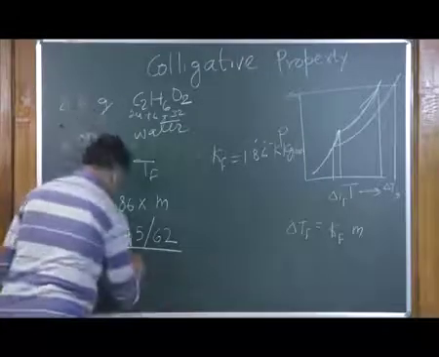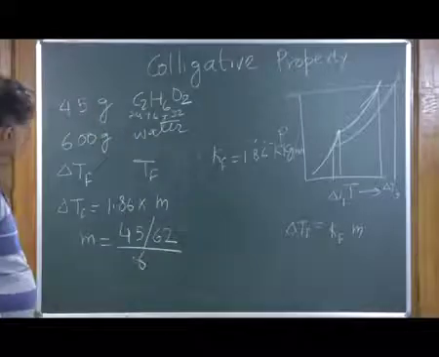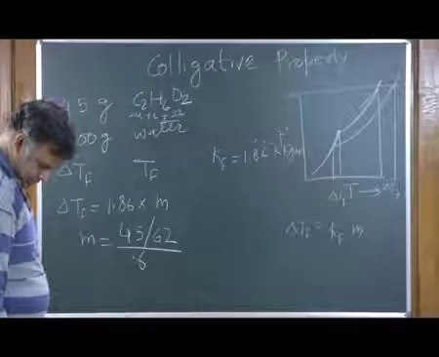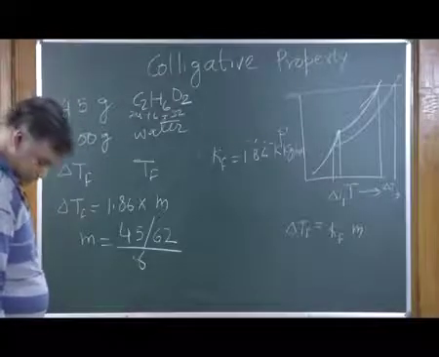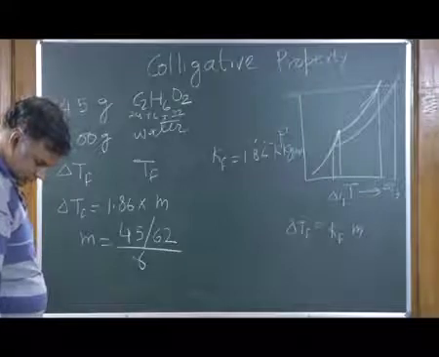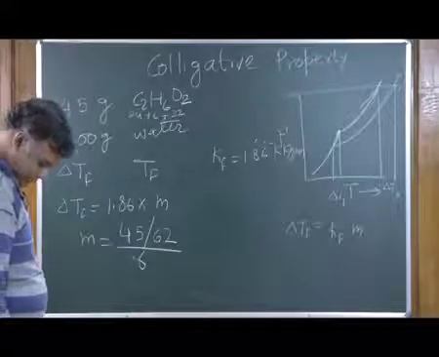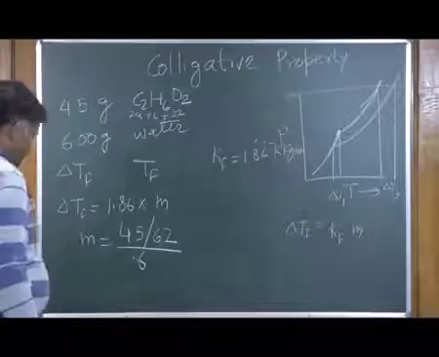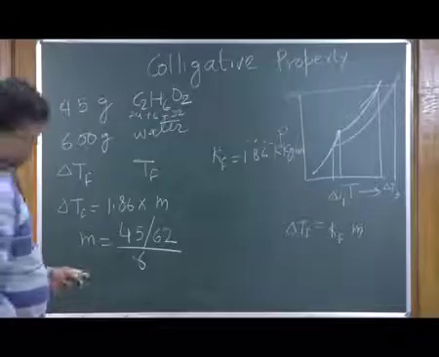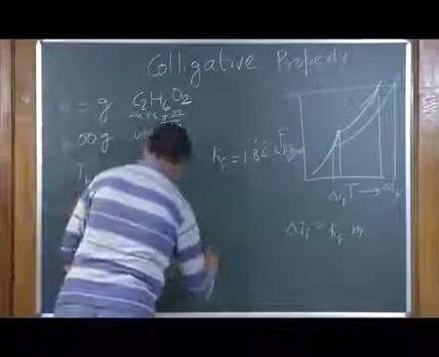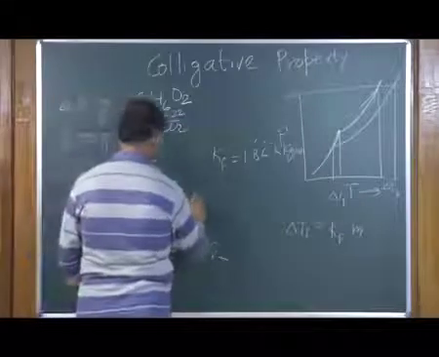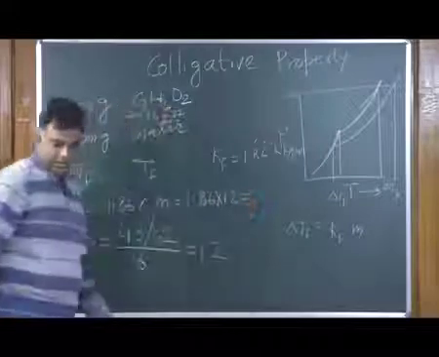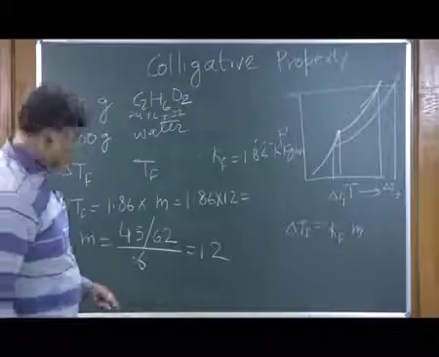Moles of solute would be 45 gram divided by the molecular weight. The molecular weight is 24 plus 6 plus 32, which is 62. This is divided by the weight of solvent in kg, that is 0.6. If I plug in all these numbers, 45 divided by 62 divided by 0.6, I am going to get 1.2, and this is plugged into this equation, which is 1.86 into 1.2, and I am going to get a final answer of 2.2 Kelvin.